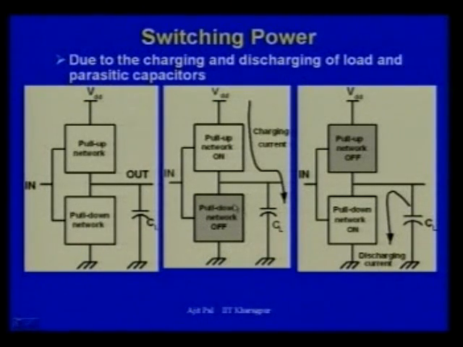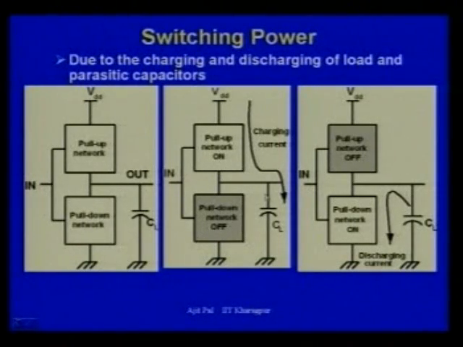That means what is happening here, while charging, power is dissipated in this pull up network, and some of the energy is stored in this capacitor CL, and whatever energy is stored in this capacitor CL gets dissipated in the pull down network whenever the output changes from 1 to 0.